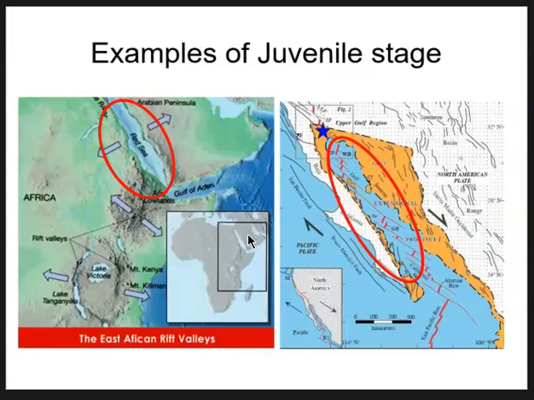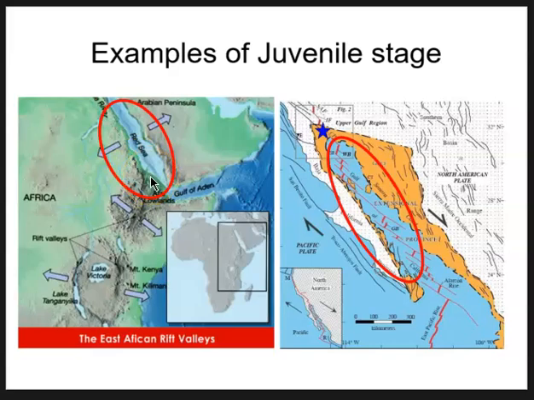The next stage is the juvenile stage, and examples of that are seen in the Red Sea. So just going a little bit north from that East Africa Rift Valley, you have the Red Sea. The Red Sea, as you can see, if you look along the shorelines, they match up perfectly. So the juvenile stage has linear seas.